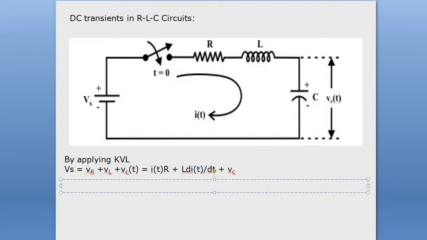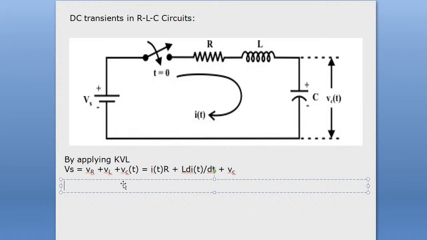Current is nothing but the rate of change of charge, I of t equal to dq(t) by dt. Now you can replace the charge in terms of Cv, so d/dt of Cv. Ultimately you will get the second derivative d squared v by dt squared.